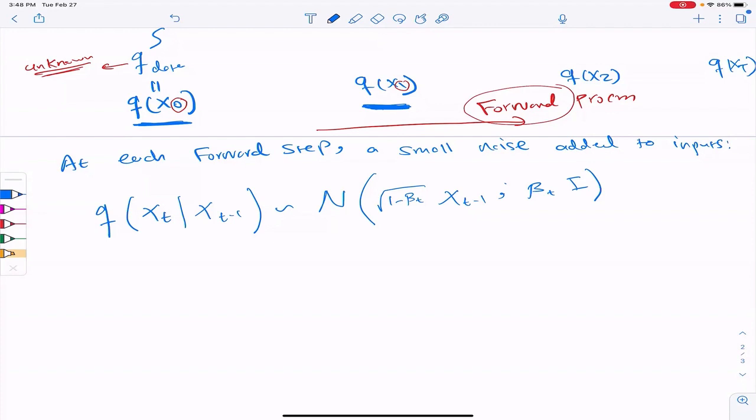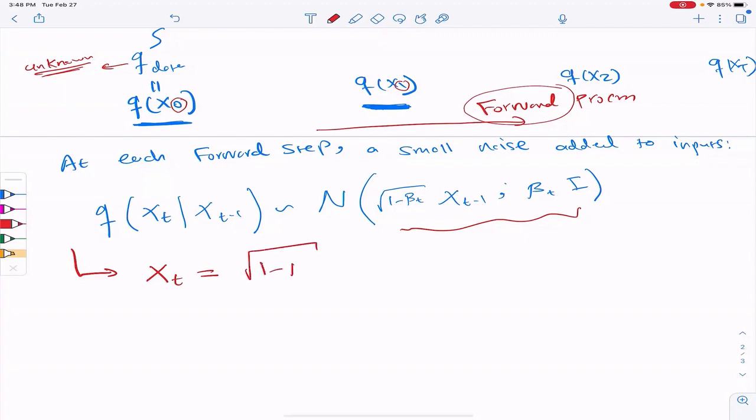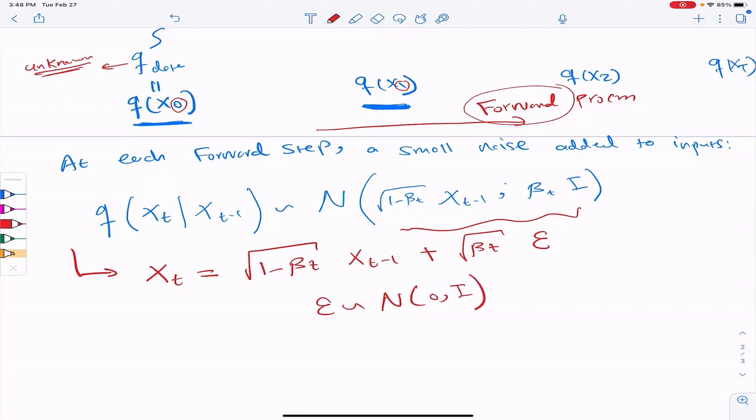So this is a fancy way, maybe not so fancy, of writing xt equals square root of 1 minus beta t times xt minus 1 plus square root of beta t times a noise, where the noise comes from a normal distribution. So you take whatever sample you have in step t minus 1, scale it down a little bit, and then add noise to it.